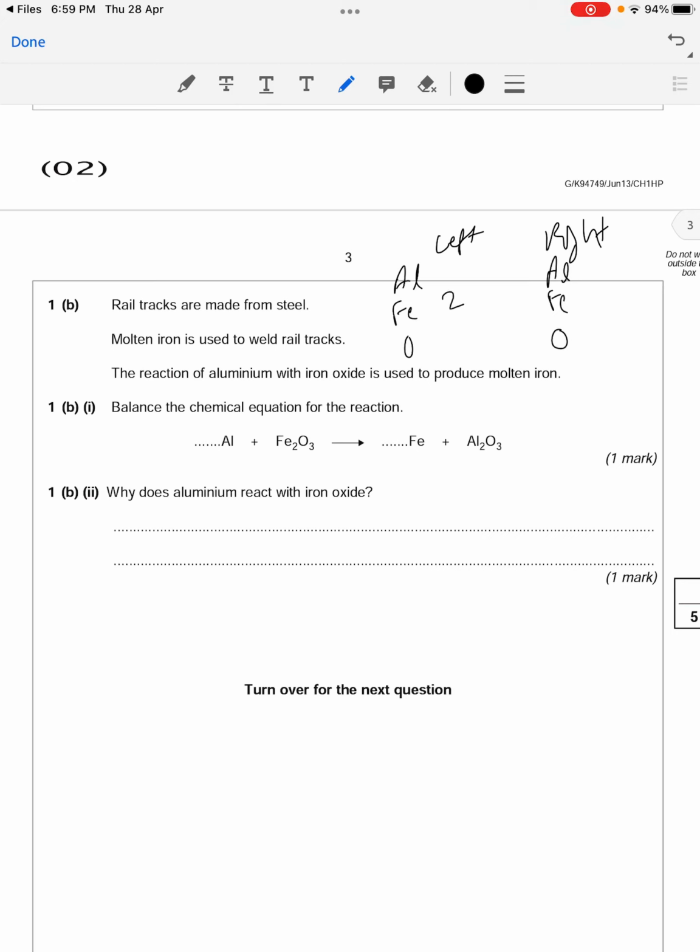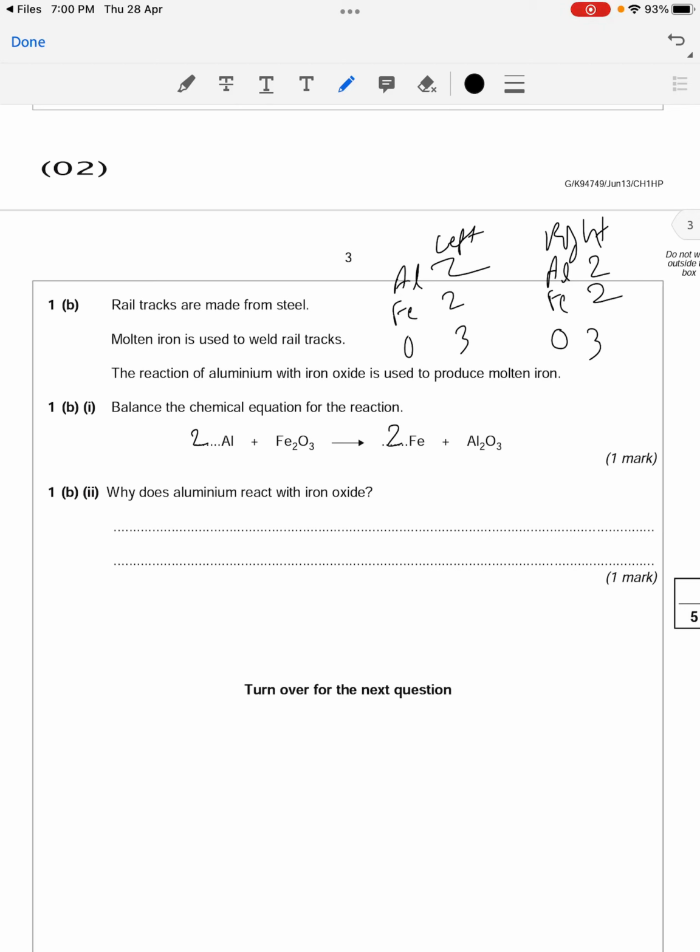We have 2 iron, 3 oxygen. On the right hand side, the product side, we have 2 aluminium and 3 oxygen. We're supposed to get 2 iron on the right, so we have 2 iron on the right. We're supposed to have 2 aluminium on the left, so you have 2 aluminium on the left and 2 aluminium on the product side.